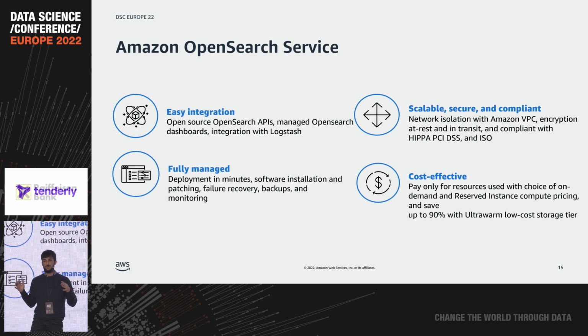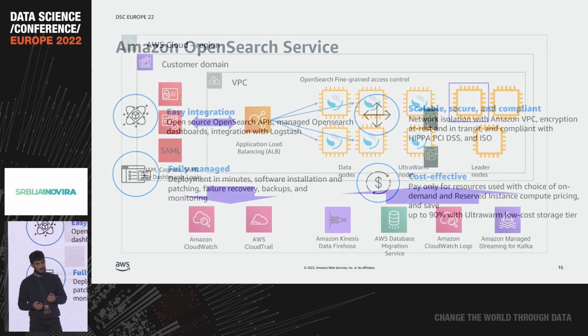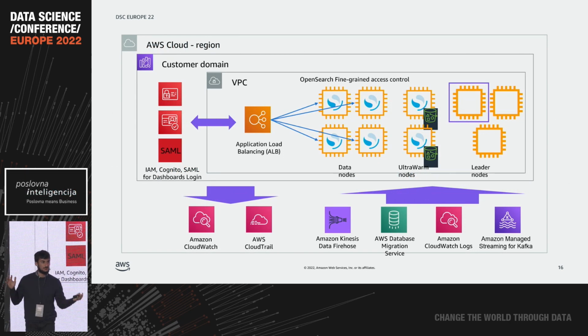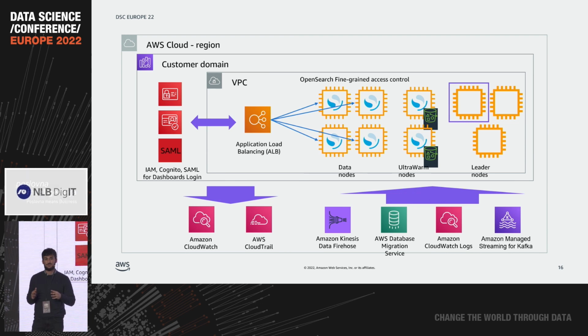The one that is very interesting is the one in which you can decouple compute and storage by using Amazon S3 storage instead of storing the information on disk, which is more expensive. So when you deploy a domain, basically it looks like this. OpenSearch is a distributed system, so it is composed of a series of nodes.